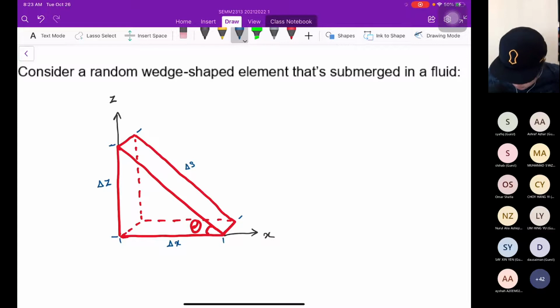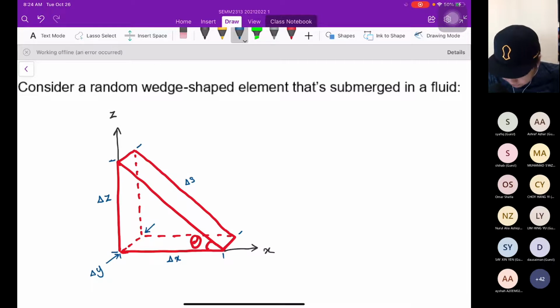And the distance from here to here is delta Y. That means this is to the Y.